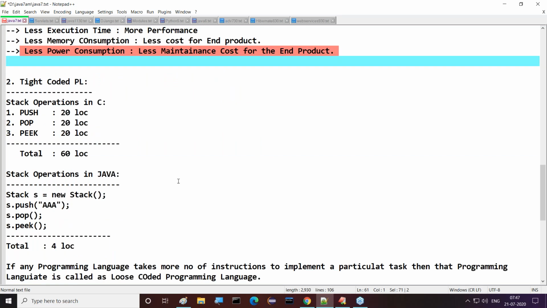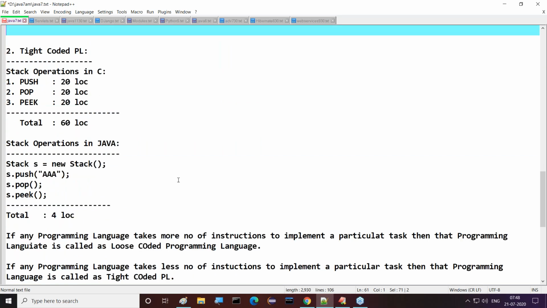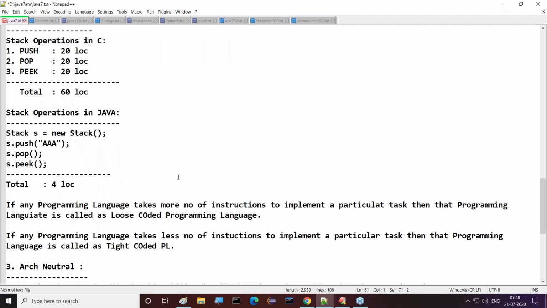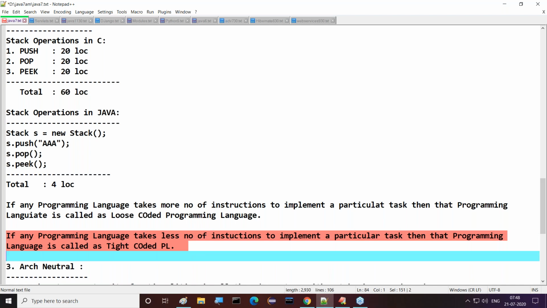What is the meaning of tight-coded? Less number of instructions to implement a particular task. That is nothing but a tight-coded programming language. That's okay, good.